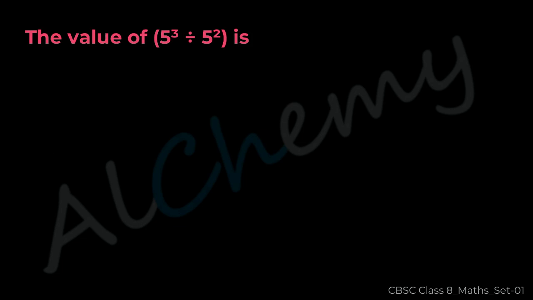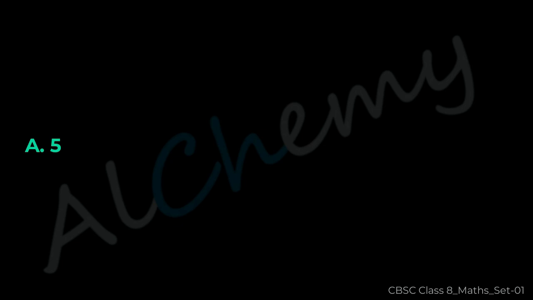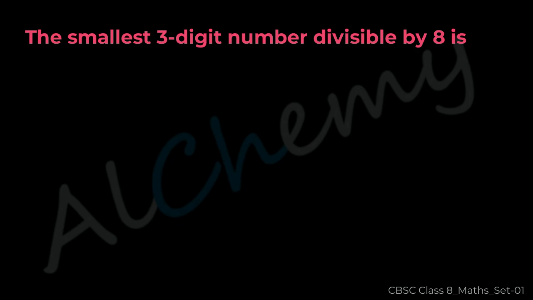Question 32. The value of 5 superscript 3 divided by 5 superscript 2 is A 5, B 25, C 125, D 1. The correct answer is A, 5. Question 33. The smallest 3-digit number divisible by 8 is A 104, B 112, C 120, D 128.